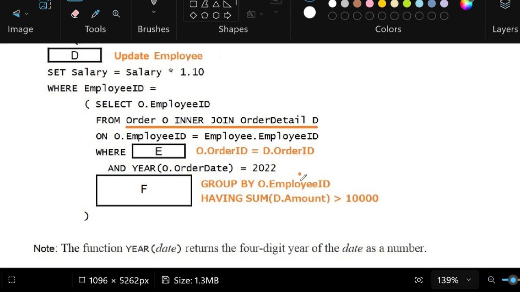Now for the second part, or the one after this, we already put the year 2022 for the order date, and then we put group by O.employee ID having sum D.amount greater than 10,000. The D here is for the order detail because we need to know the total amount, not just for one transaction done by the employee, but all the transactions of that employee for the year 2022.